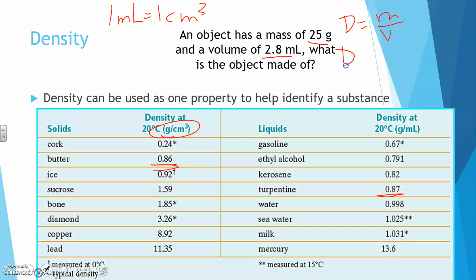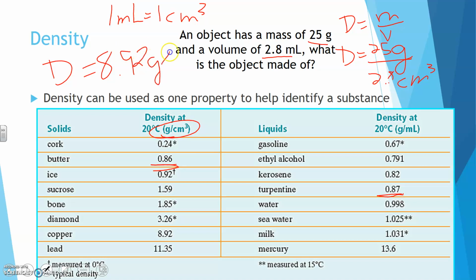So now we can just go ahead and plug in our numbers. We've got 25 grams and we've got 2.8. We'll go ahead and change it to centimeters cubed. If you do that calculation, you'll find that the density is roughly equal to 8.92 grams per centimeter cubed.